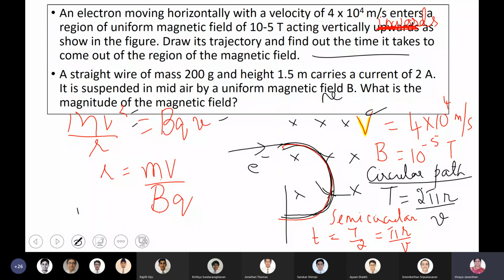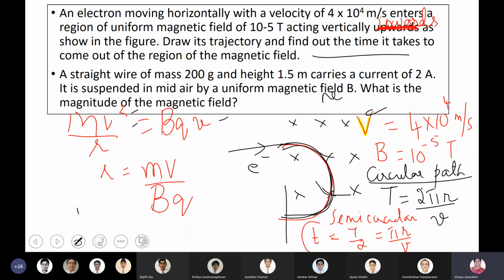The centripetal force is mv squared by r. The magnetic force is bqv sine theta. Here theta is 90 degrees. So R is equal to mv divided by bq.